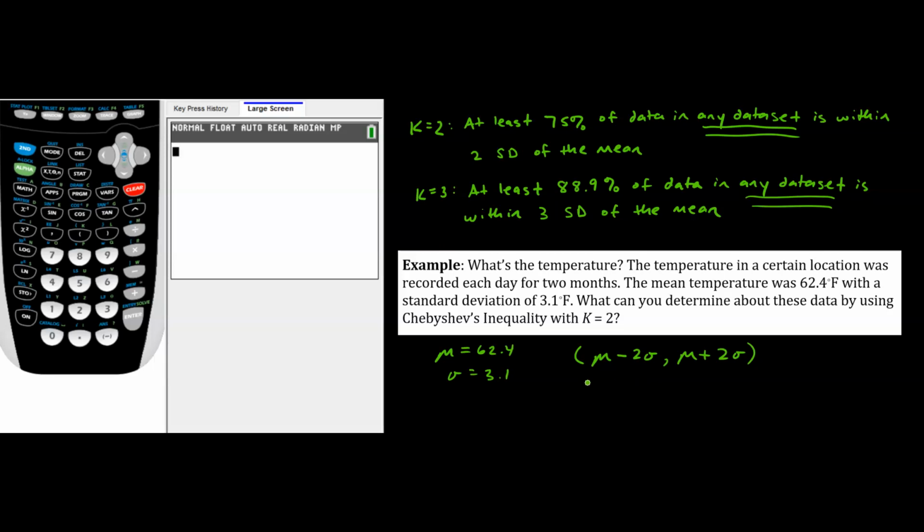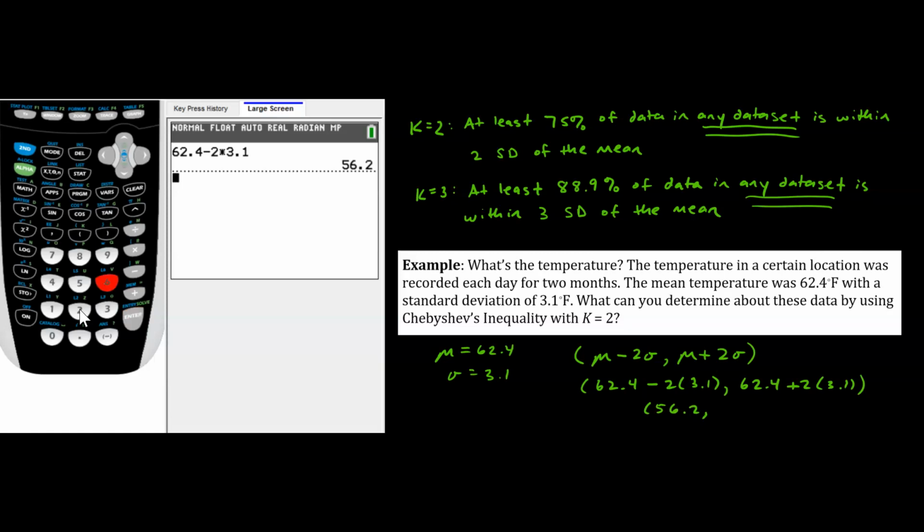And so this becomes 62.4 minus 2 times 3.1 up to 62.4 plus 2 times 3.1. If we can go over here to the calculator and compute this real quickly, 62.4 minus 2 times 3.1, is equal to, we get 56.2.